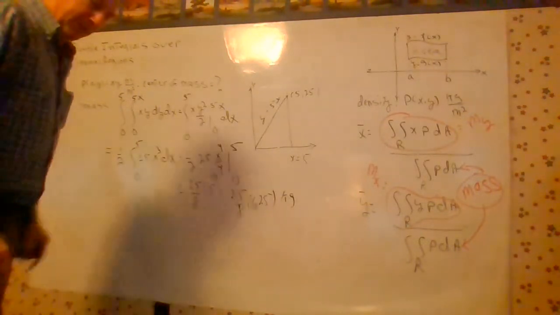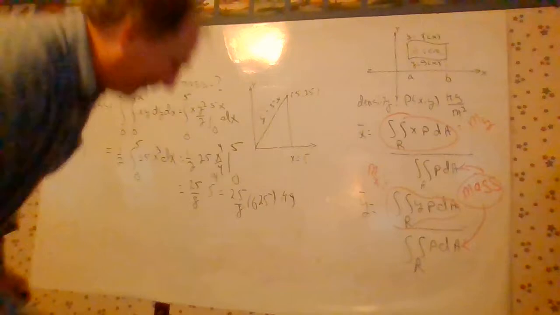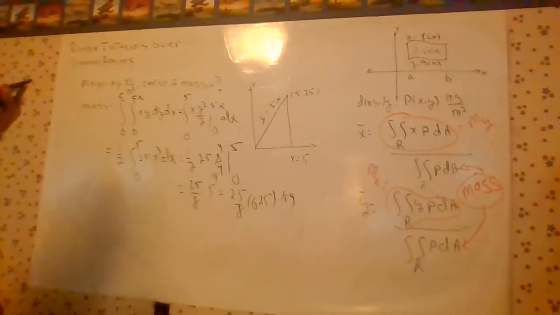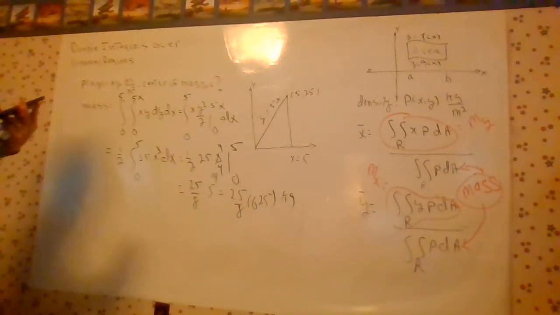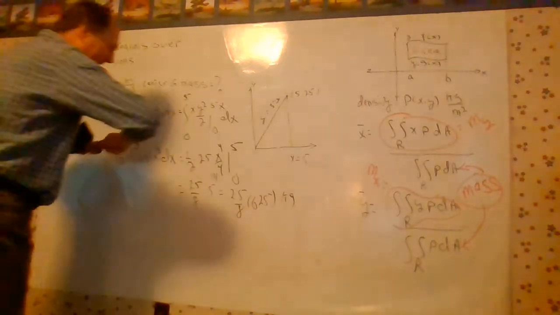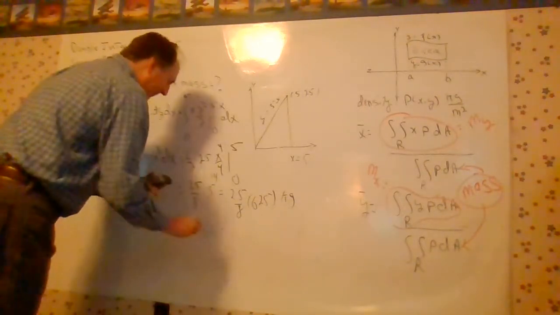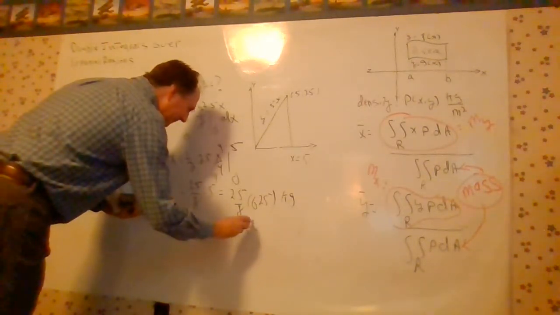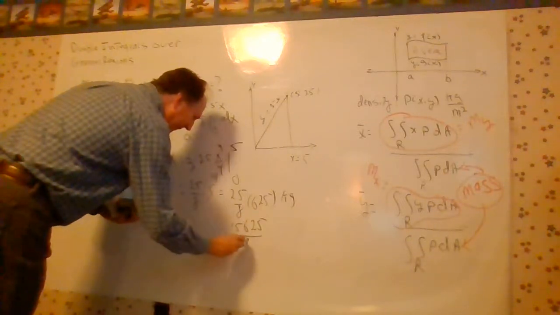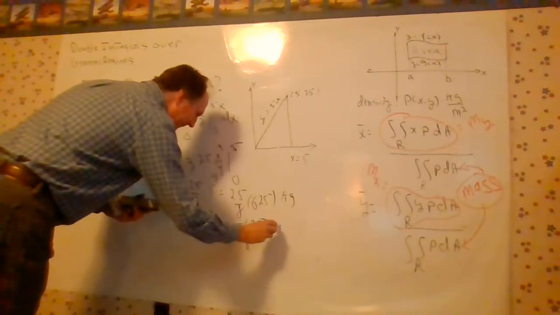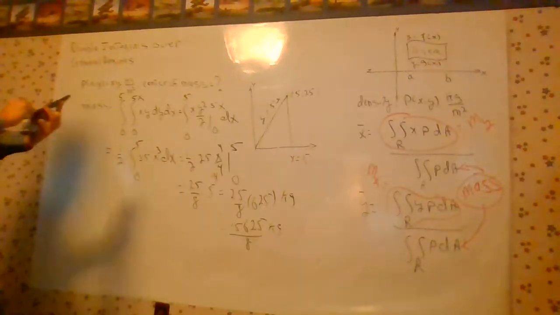That's a pretty large number. Let me grab my calculator down here. 25 times 625 equals, divided by 8 equals, yeah, we'll leave it in fraction form. We got 15,625 over 8 kilograms.